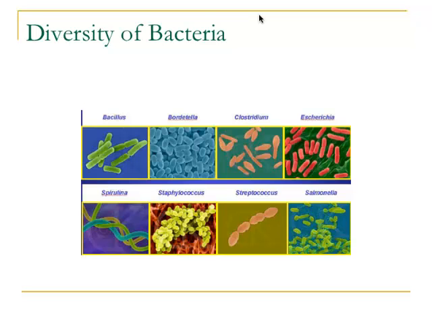Another type of bacteria that forms endospores is Clostridium. They are gut-dwelling bacteria found in humans and animals, and they have this unique club shape to their rod-like structure, where one end is a little bit wider than the other end.